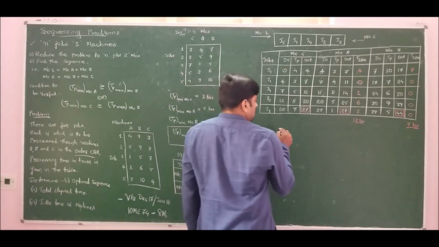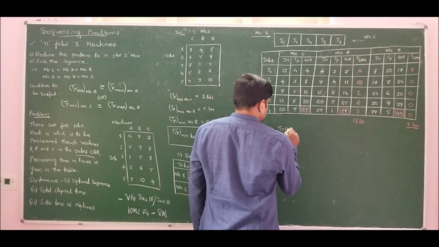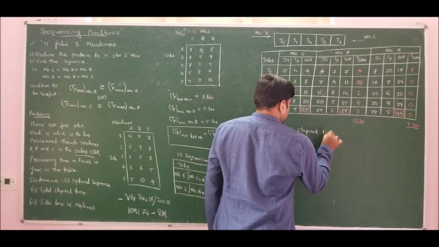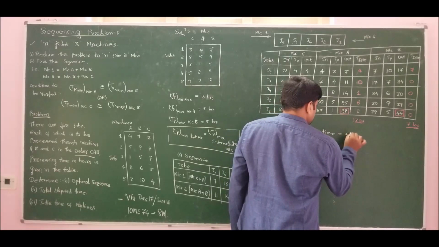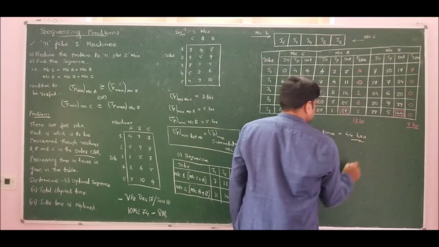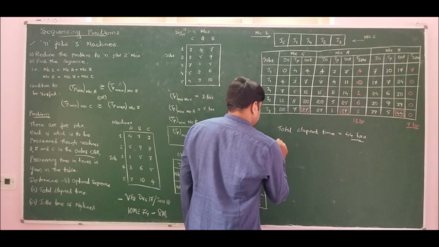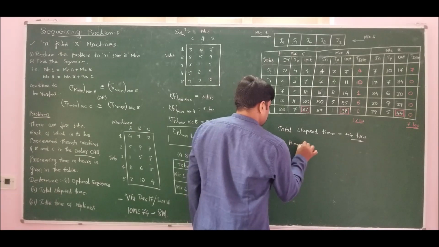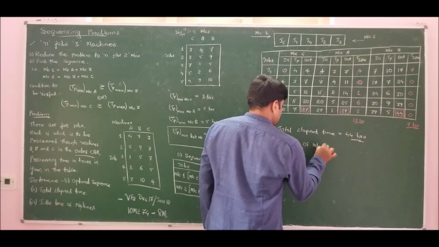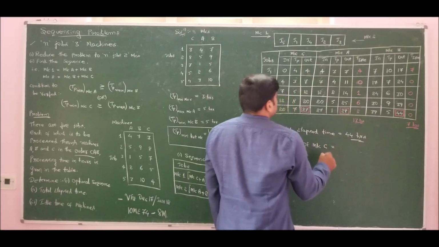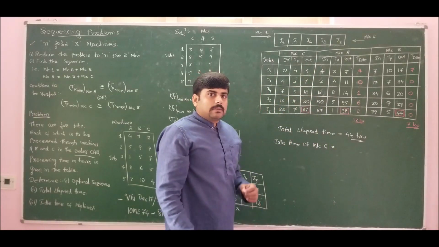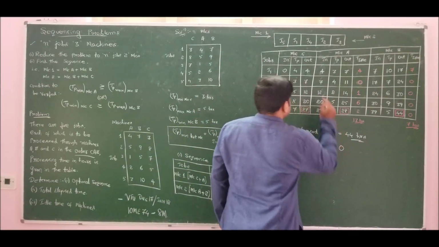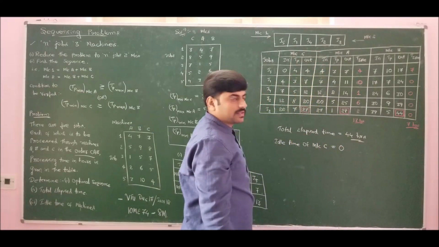So the final answer is total elapsed time is 44 hours. Idle time on machine C: the first machine will never have processing idle time, so therefore processing idle time is 0. That is the reason I have not put an idle time column for the first machine.